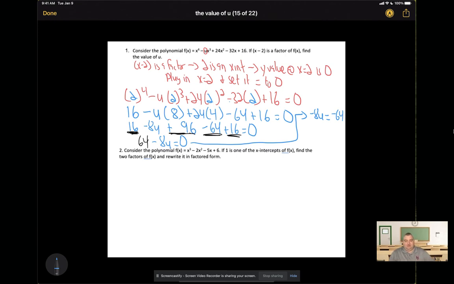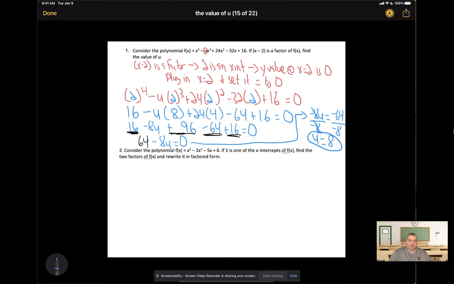And then I'm going to finish it off by dividing both sides by negative 8. So I end up with u equals negative 64 divided by negative 8. That's a negative divided by a negative, which is a positive. So that's going to be a positive 8. Negative 64 divided by negative 8 is a positive 8. So u equals 8 in this case.